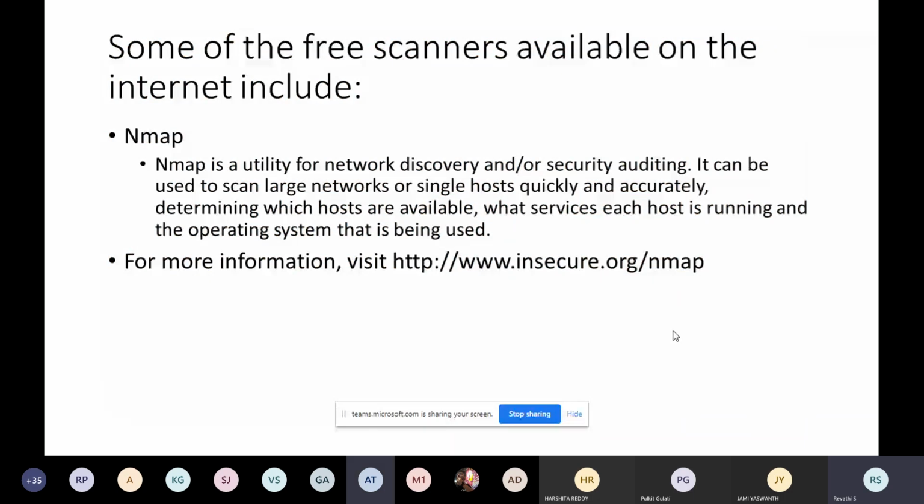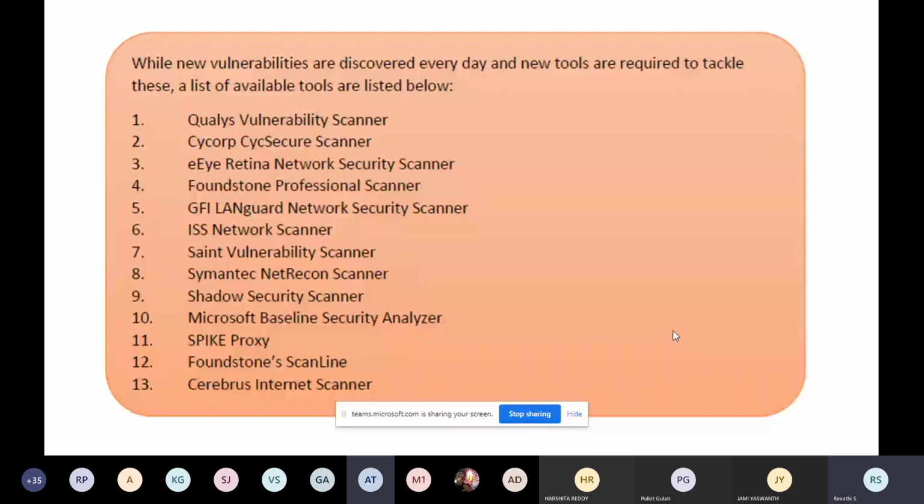Nmap. I hope you all know what Nmap is, right? Can someone say what Nmap is? Have you used Nmap?